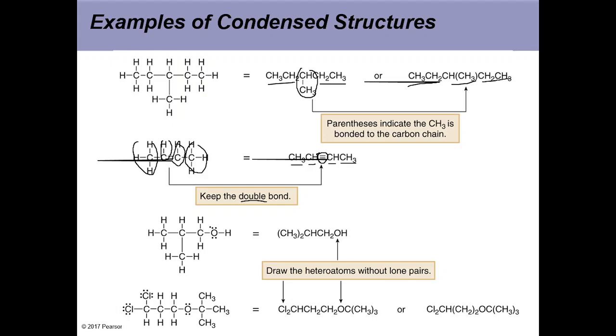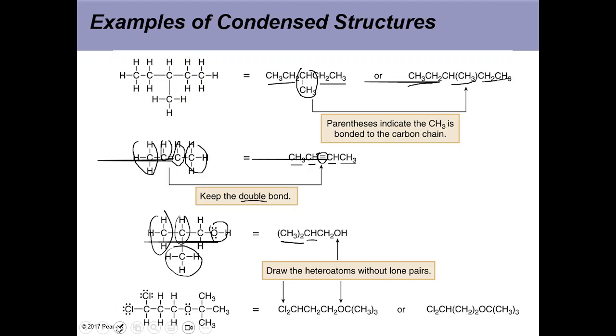In the next structure, we do have a heteroatom, which is oxygen. And you can see there's CH3, another CH3, so 2 CH3s attached to the CH. So what's shown in the condensed structure is 2 CH3s in parentheses, followed by CH.